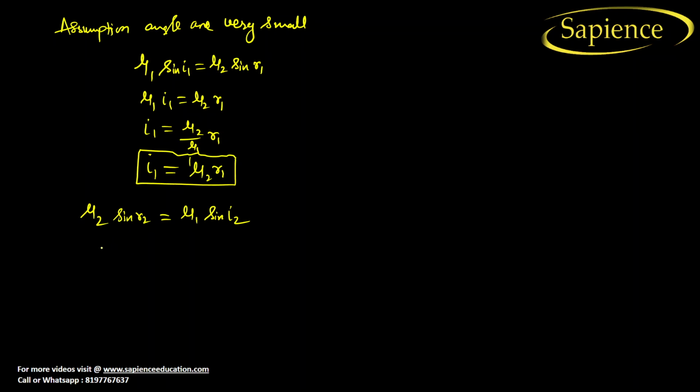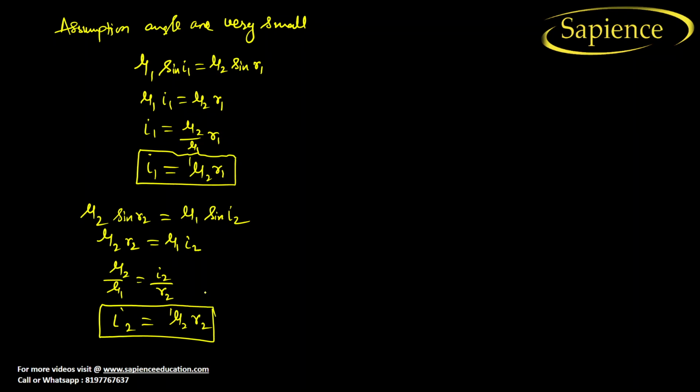Again the angle is very small, so we can write mu 2 R2 is equal to mu 1 I2. From here mu 2 divided by mu 1 is equal to I2 divided by R2, or I2 is equal to mu 2 1 into R2. So this is one of the equations.